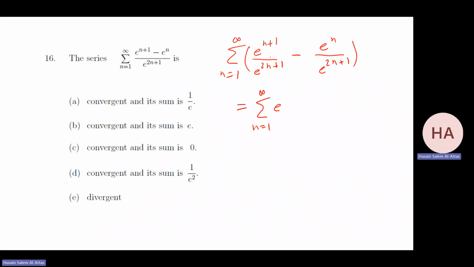I have e to the power minus n plus... minus e to the power minus n minus 1. So now this is how I will do it.